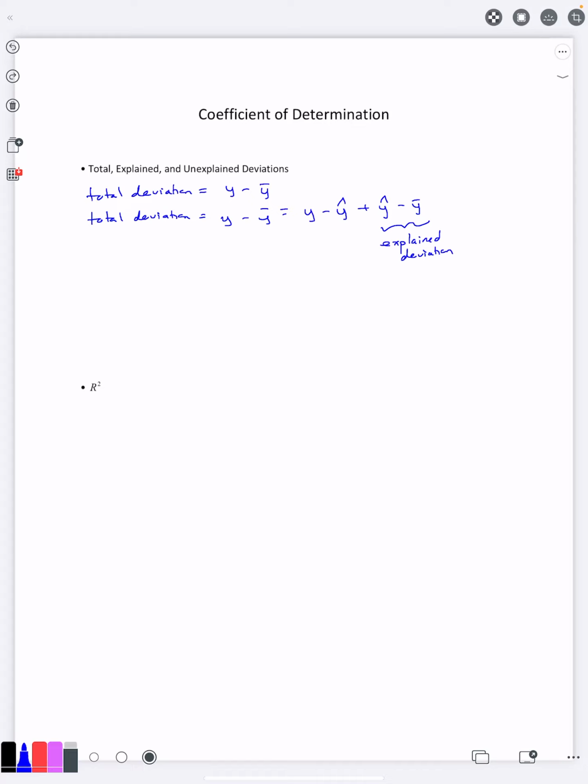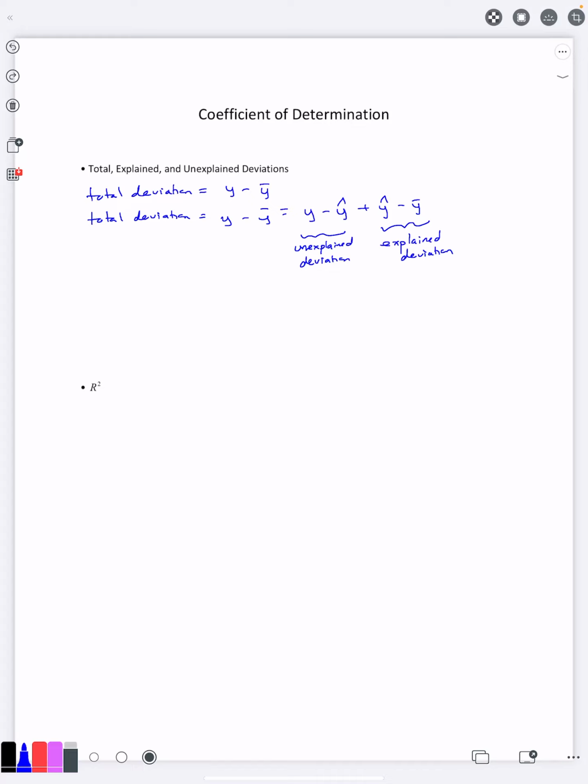So this part over here, the difference between the actual value and the approximated value, we can't talk about in terms of slopes and intercepts. We don't really know why they're not the same other than kind of randomness. That is going to be the unexplained deviation. So we can break up total deviation as the unexplained deviation plus the explained deviation.